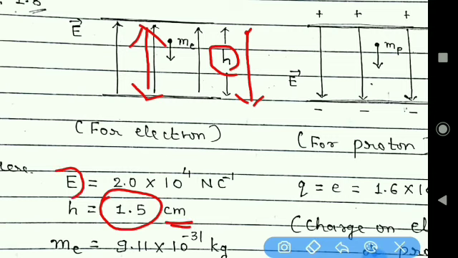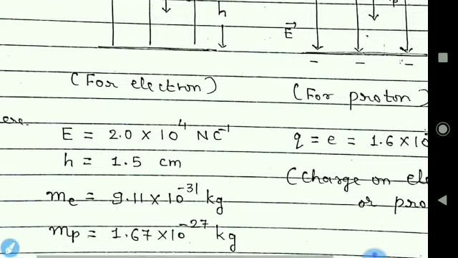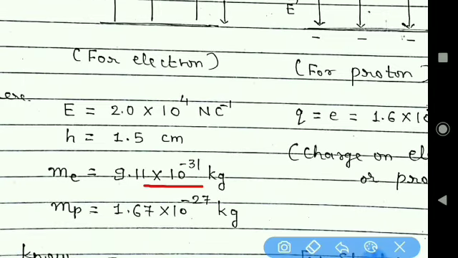Also, the strength of electric field is given, which is 2 into 10 raised to 4 Newton per Coulomb. Mass of electron is also given, 9.11 into 10 raised to minus 31 kg. So here we want to find how much time will this electron take to cover this much distance of 1.5 centimeter.